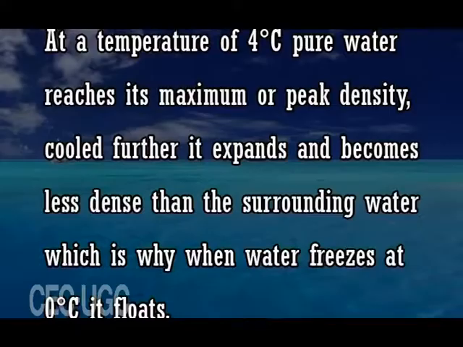If the temperature of water decreases, its density increases, but only to a point. At 4 degrees centigrade, pure water reaches its maximum or peak density. Cooled further, it expands and becomes less dense than the surrounding water. This is why when water freezes at 0 degrees centigrade, it floats.